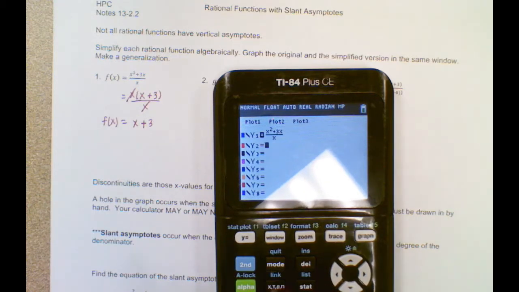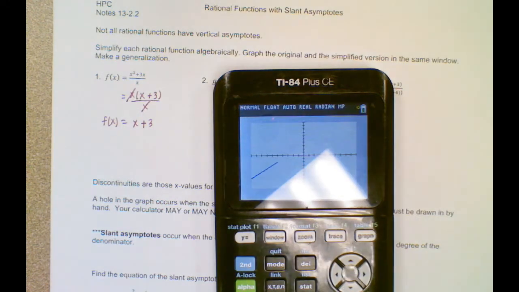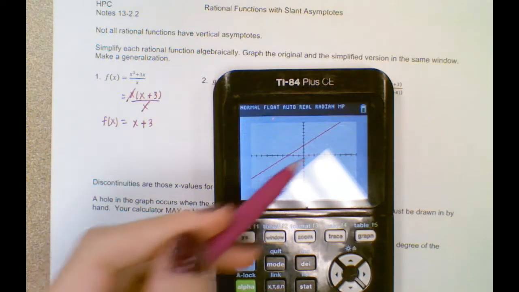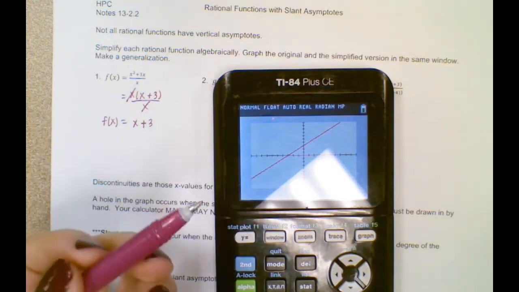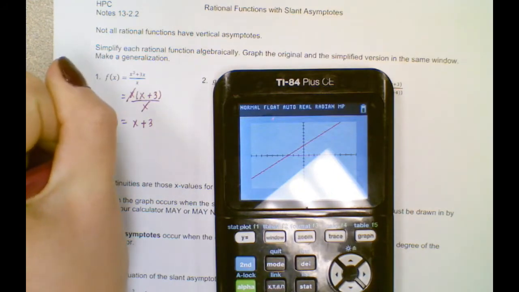And then my simplified equation was x plus 3. Let's go ahead and graph that. Okay, notice that this red line is going right over top of that blue line, so this ends up being the same line. These are the same graph.